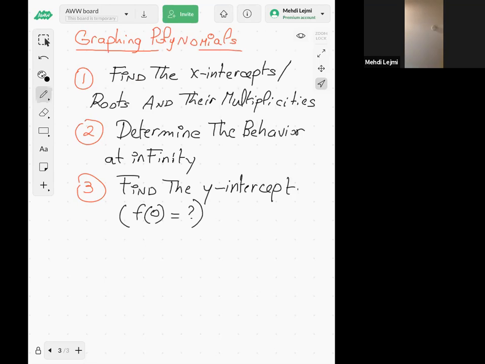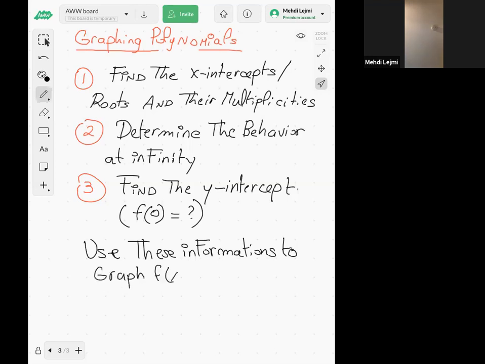Okay, so we're going to use all this information to sketch the graph of f of x.